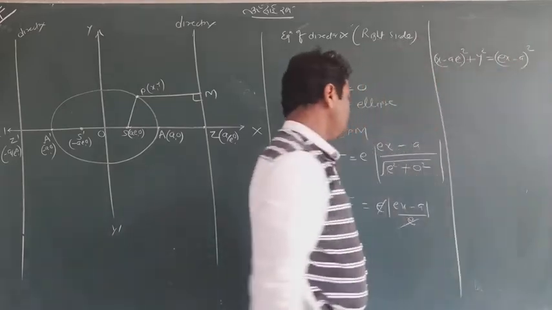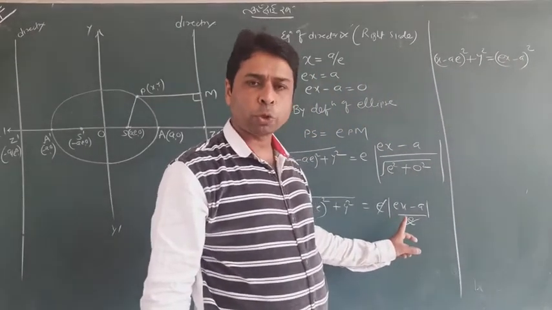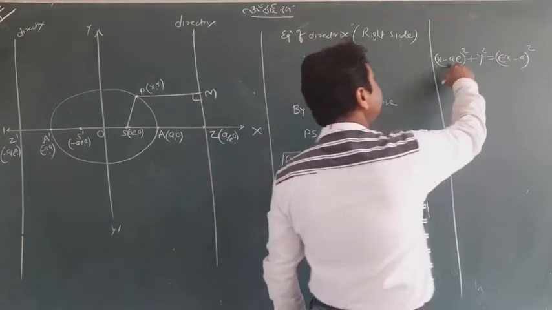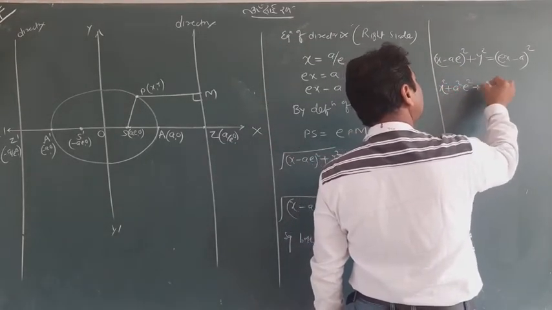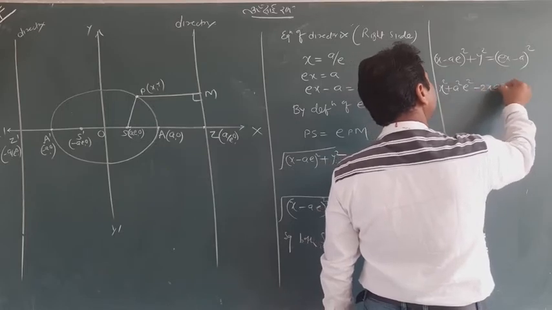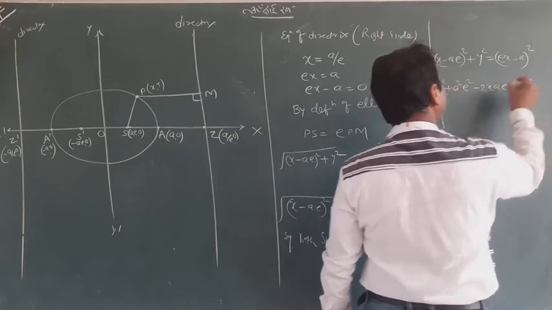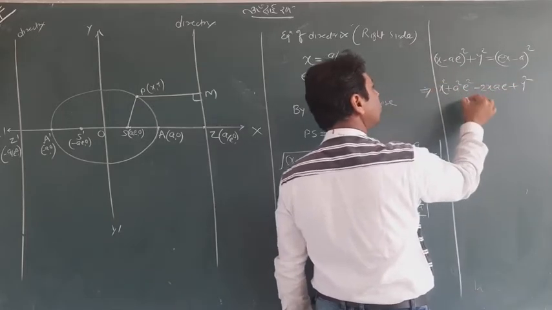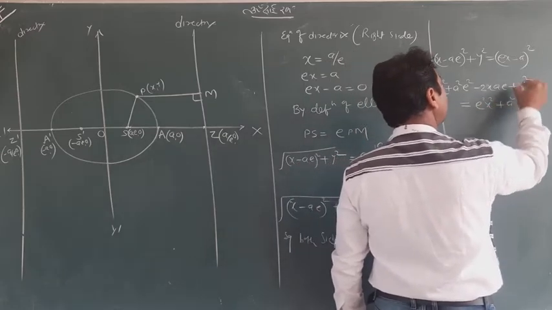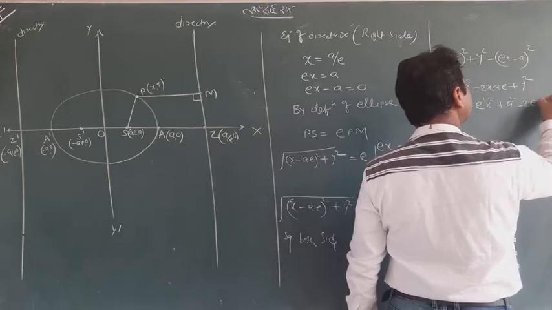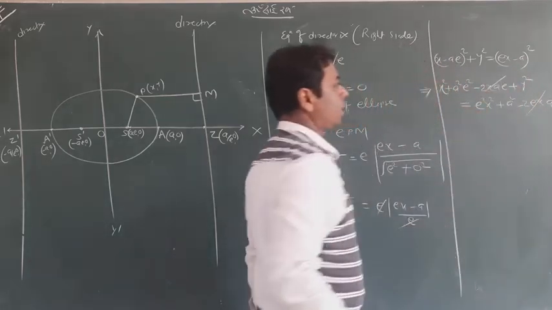There is no meaning of mod when we square it. Now I will open it: x square E square minus 2xAE plus y square equals E square x square, minus 2EXA, plus A square. These two terms cancel.